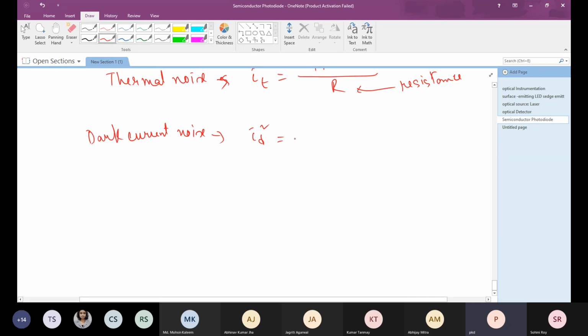The RMS value of the dark current noise involves E, the charge of an electron, B, the bandwidth, and ID, the dark current. So this is the dark current noise, again depends on bandwidth.